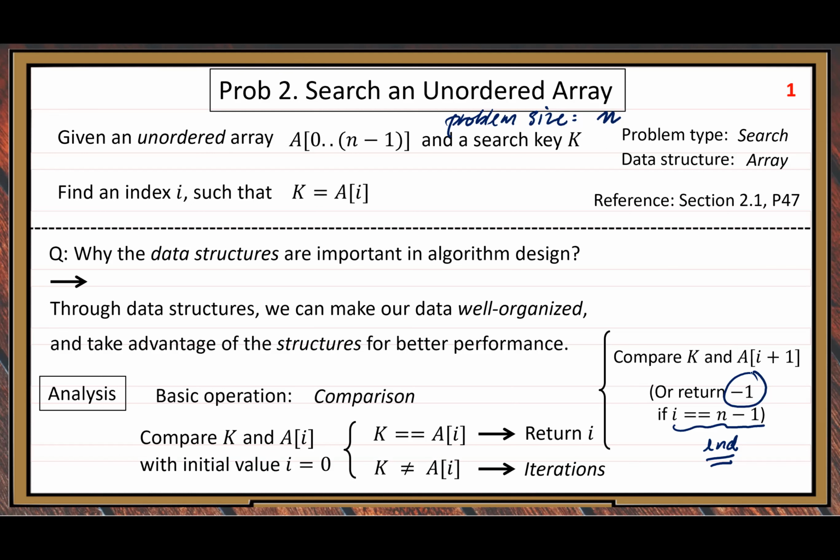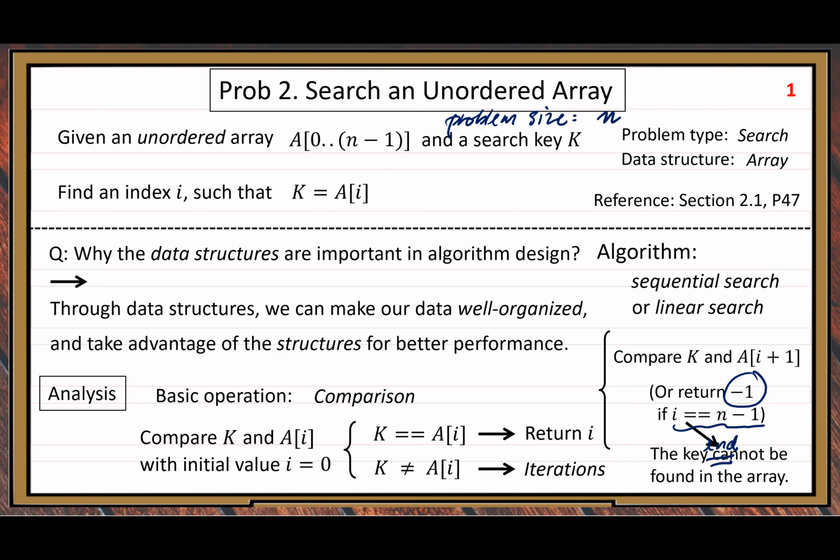But here we want to discuss the efficiency analysis. Our main focus here is efficiency analysis. This algorithm has a name. We call it sequential search, since you apply comparisons sequentially, or linear search.